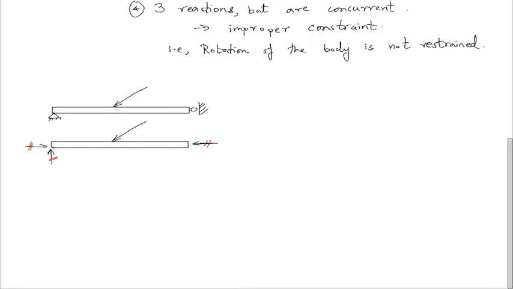And after I introduced the system, we went through checking whether this was partially, improperly, or fully, properly constrained. We checked step 2 and realized that there are more than 2 forces or more than 2 reactions. So that passes.